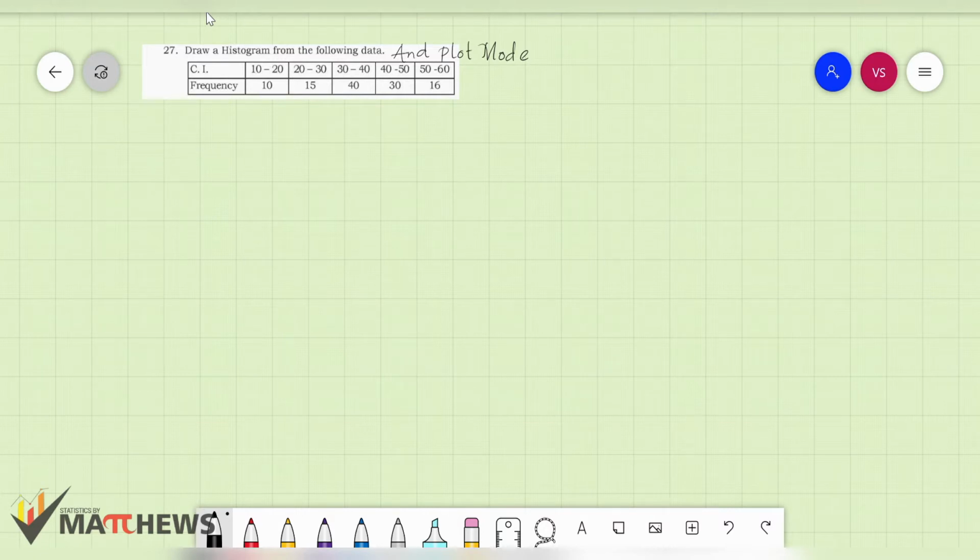So I will write the title, students, as histogram and mode. This is just for our reference. As such, there is no rule that we have to write a title and all. This is only for our reference.